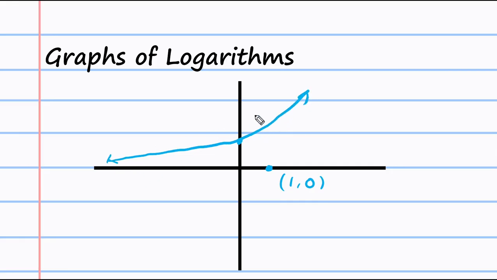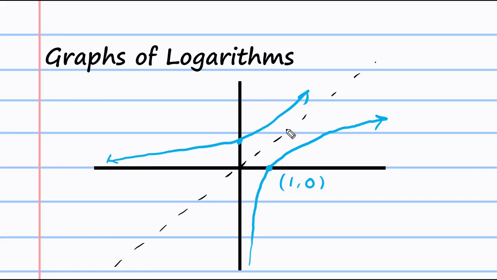It's not great, but it looks like one. And if I have the line y equals x here, I can create an inverse function, which is basically a mirror on the line y equals x. And you see that this function at the bottom right over here is what a logarithm function looks like.